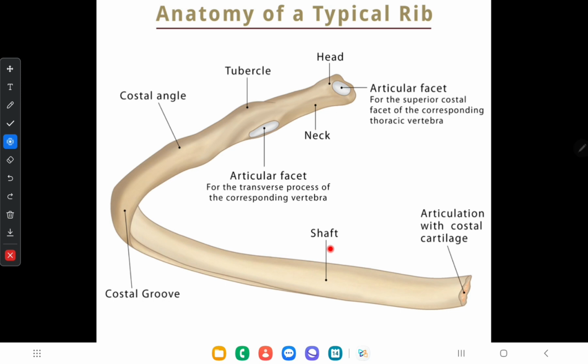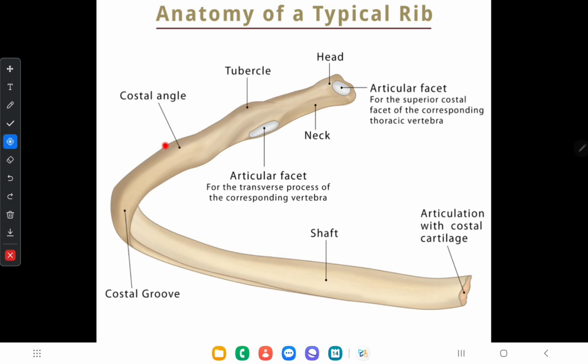First we have a look at the anatomy of typical ribs. Then we can identify the difference between the typical ribs and atypical ribs. In a rib, there is a posterior end and an anterior end.